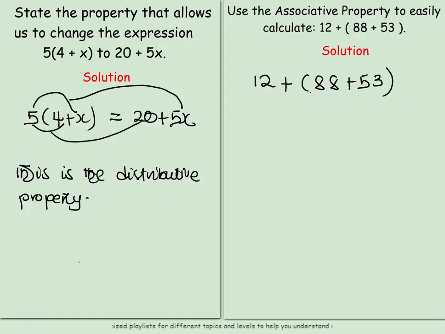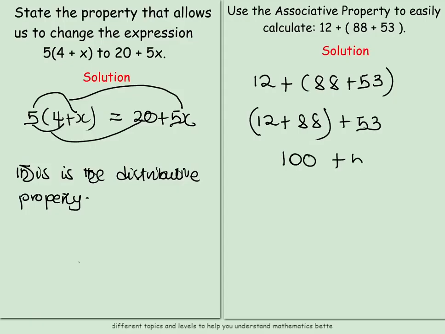Trying to add 53 to 88, you might think is a little bit hard. But if we regroup using our associative property and rewrite what we have here as 12 plus 88, then plus 53, and we bring the bracket on the 12 and 88, we know what that will give us. 12 plus 88 gives us 100.